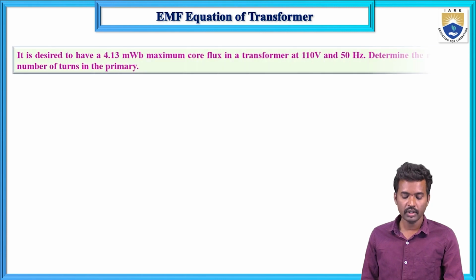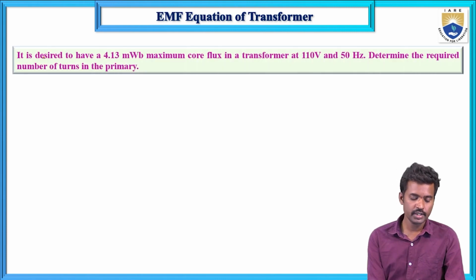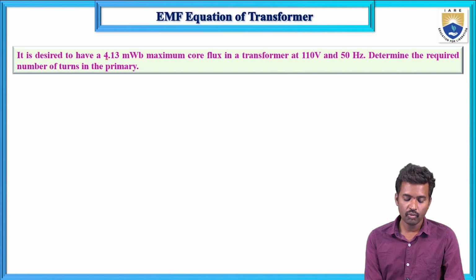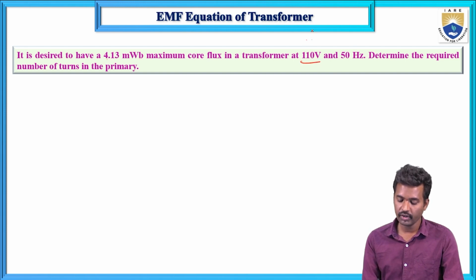Now let us take one problem. It is desired to have a 1.43 milliwebers maximum core flux in the transformer at 110 volts. This is the V1, and 50 Hz, F equals 50 Hz, and determine the required number of turns in the primary.